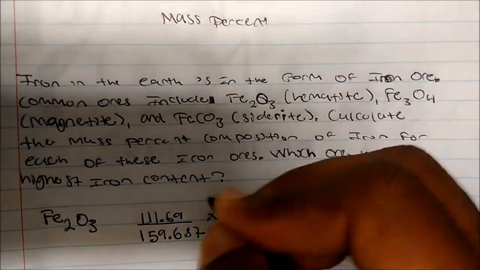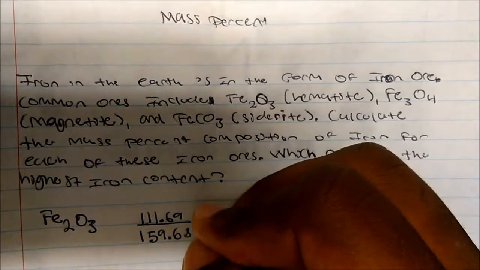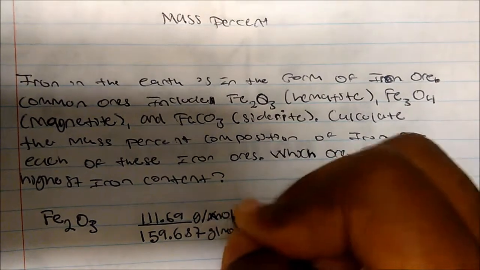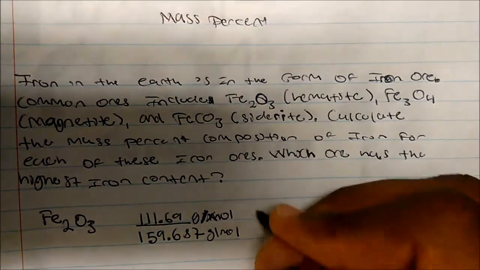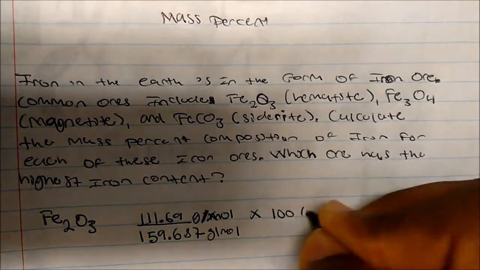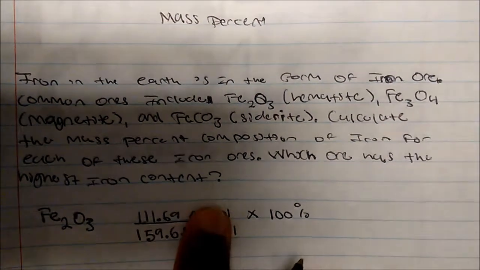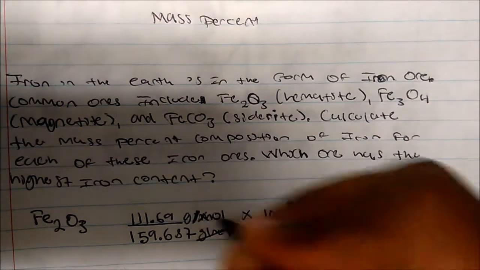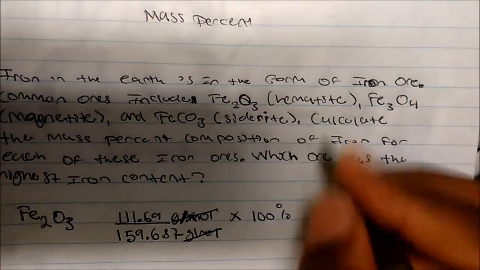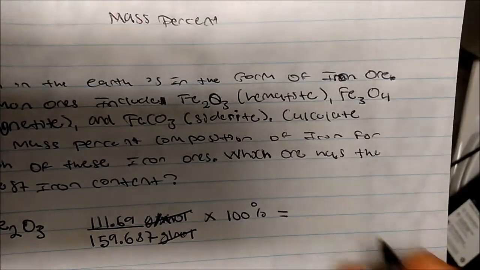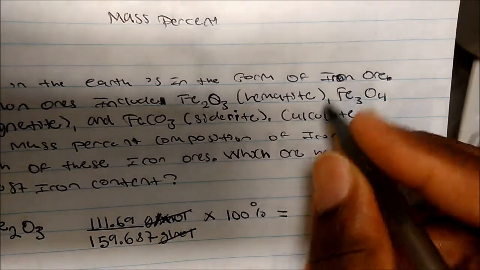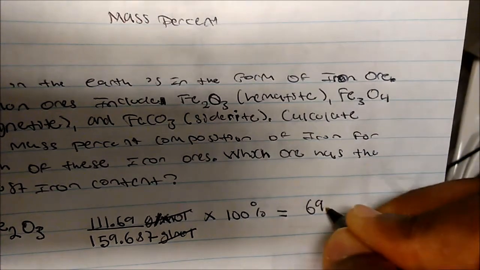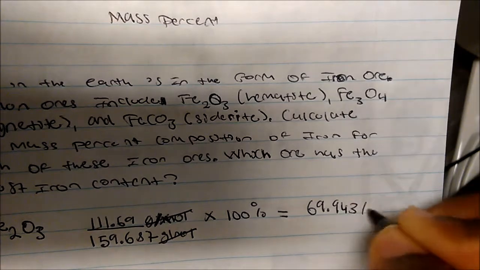Again, that's in grams per mole. I'm going to divide by the total and multiply by 100%. Notice that grams per mole is on the top and the bottom, so they cancel out, leaving just percent. If I divide these two and multiply by 100, I get 69.943%.